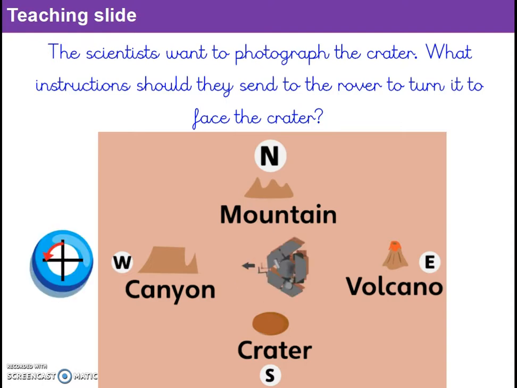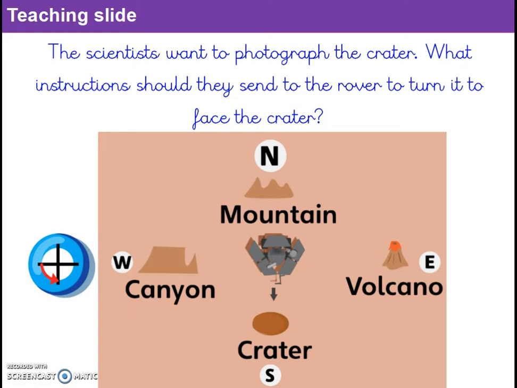One quarter turn anti-clockwise goes from the mountain in the north to the canyon in the west. But I still need to move further because I need to be pointing at the crater. With another quarter turn anti-clockwise, now I'm pointing south towards that crater. So I've turned a quarter turn from the mountain to the canyon, and a quarter turn from the canyon to the crater.